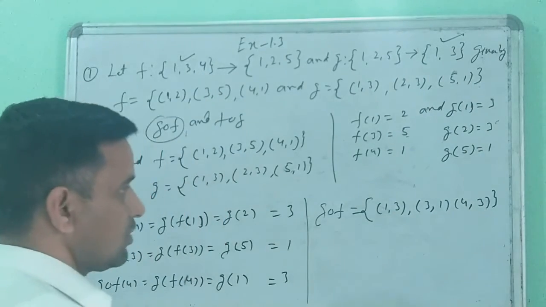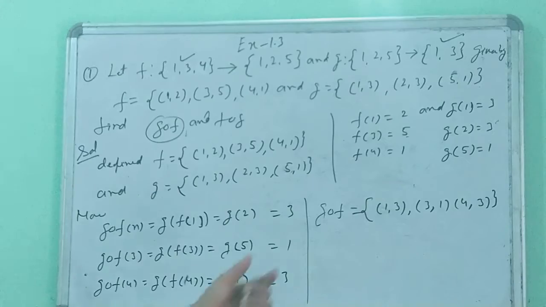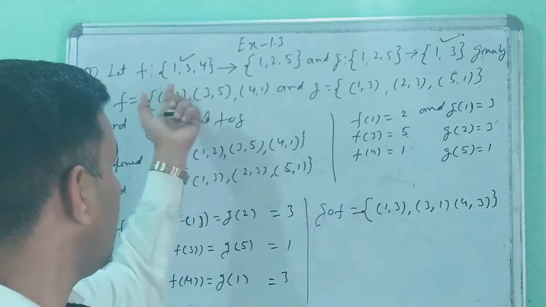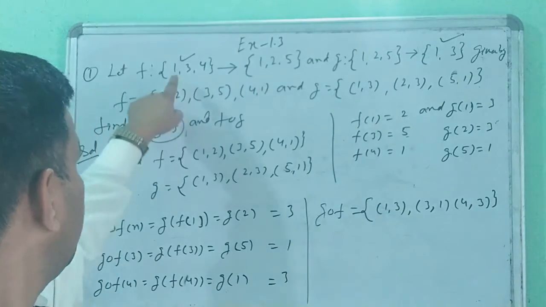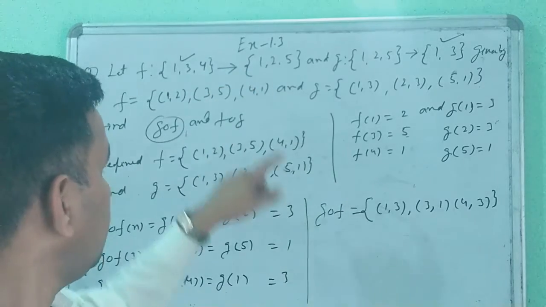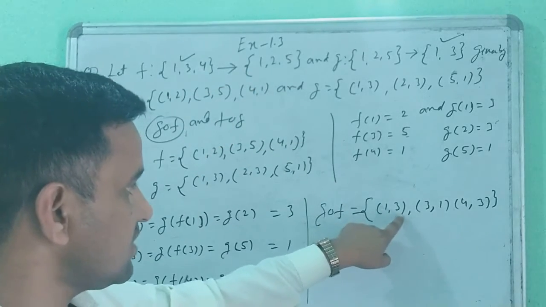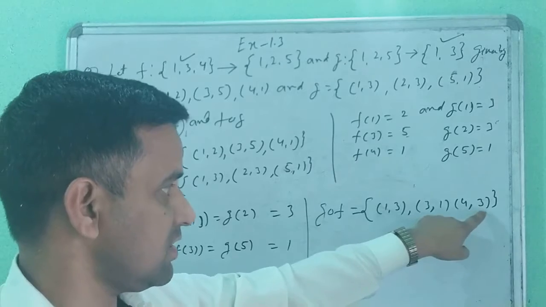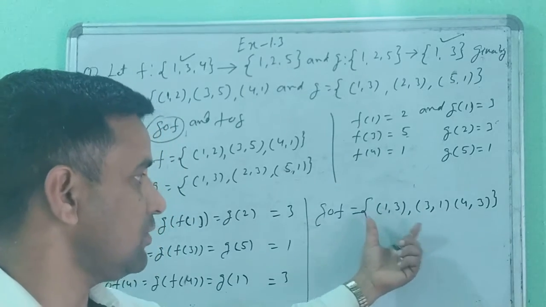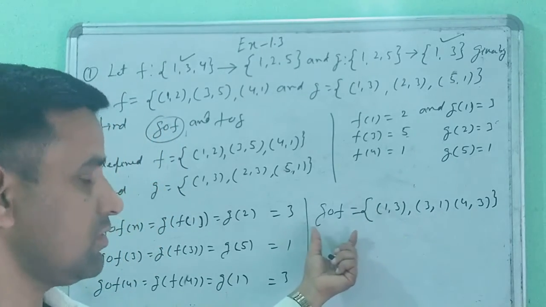This function is called the gof function. It means the value of gof is {(1,3), (3,1), (4,3)}. This is the value of A to C, the value of gof.